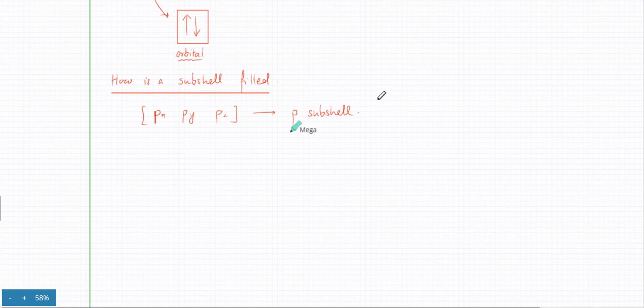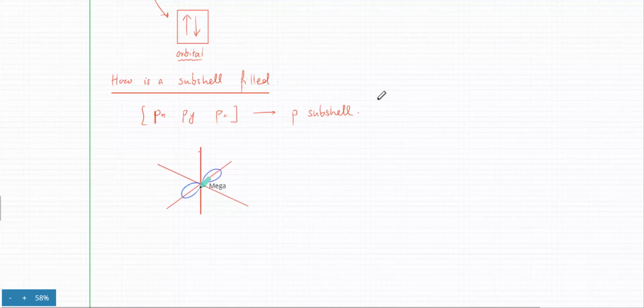Let me quickly draw a p subshell. So this is a 3-axis, and there's going to be a px orbital.